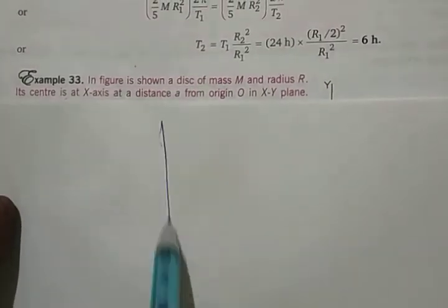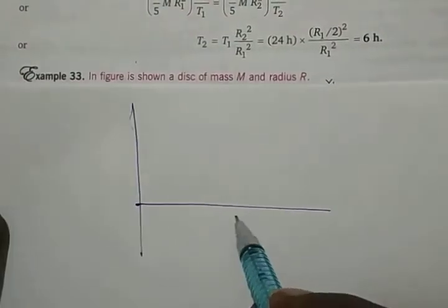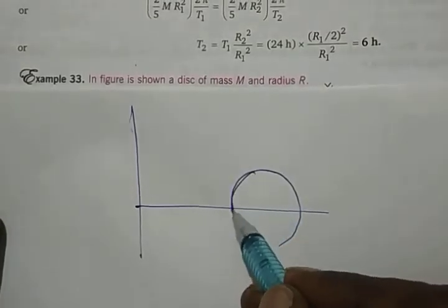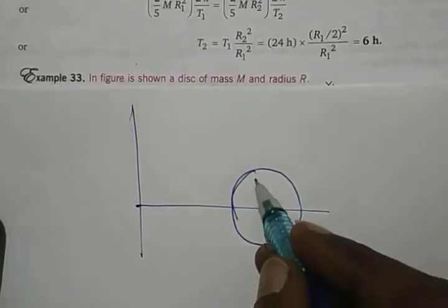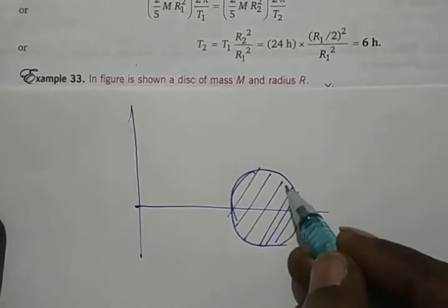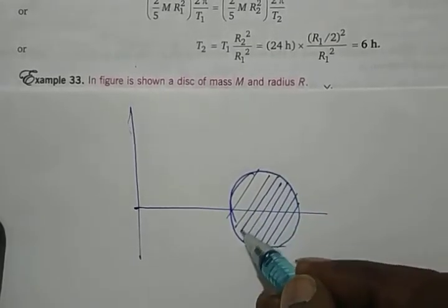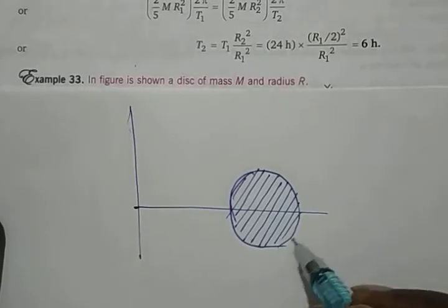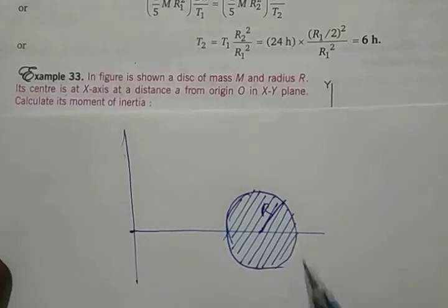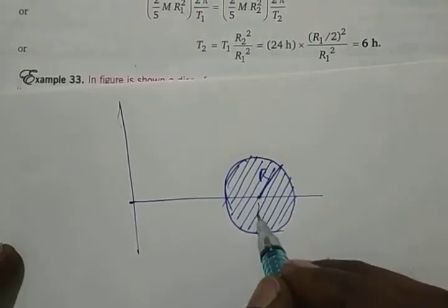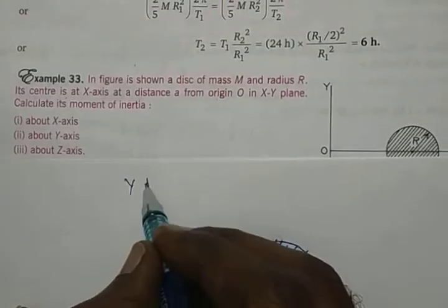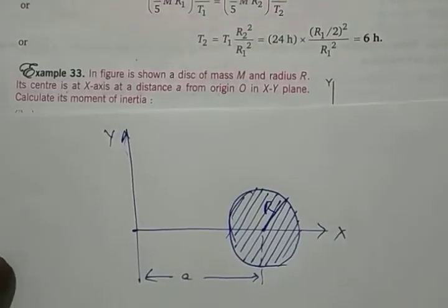I'll just redraw this diagram here. This is going to be the circle, and this is going to be the radius r, and this point is at a distance of a from the origin, and this is the y-axis and this is the x-axis.